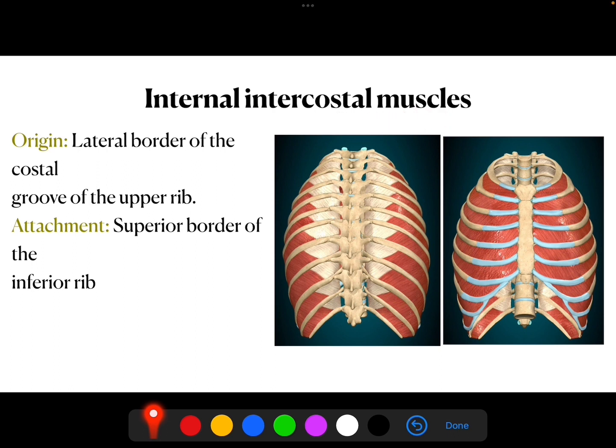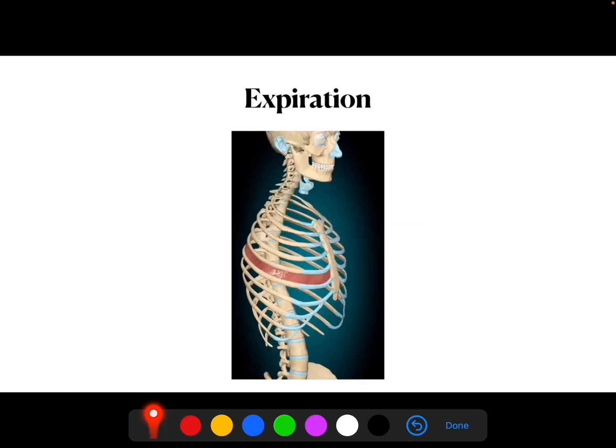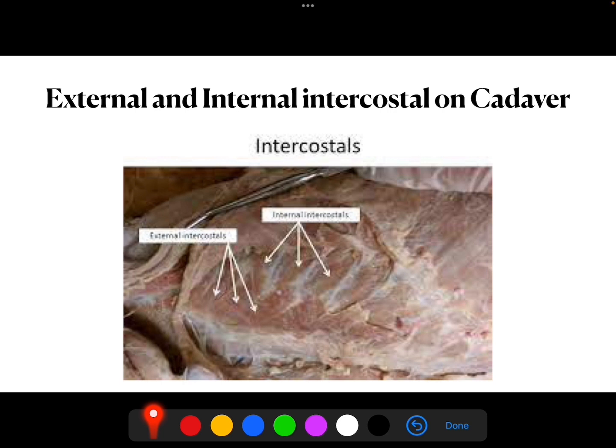It originates at the lateral border of the costal groove of the upper rib and attaches at the superior border of the inferior rib. Actions performed by this muscle are expiration. On the cadaver, this is the internal intercostal muscles and these are the external intercostal muscles.